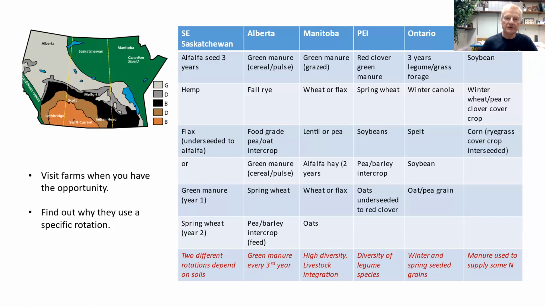I'd be interested to hear their reason. The point I'm trying to make here is that as you plan, whether you've been farming for a long time or you're just starting your organic journey, visit farms, go to farm tours when you have the opportunity, and really try to drill down and understand why people use the specific rotations that they do.